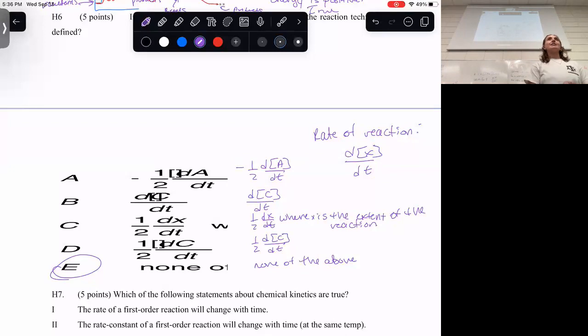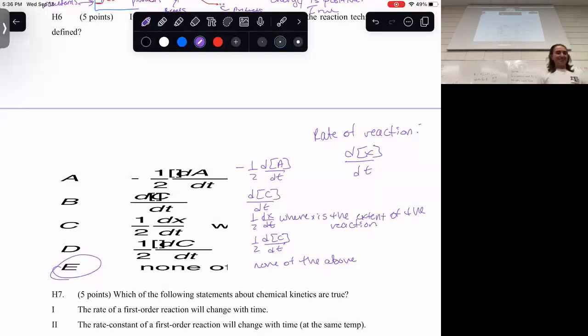The word technically here is what's going to throw you to answer choice E, because it's technically defined as the dx over dt. It's approximate enough to be 1/2 dA over dt where we can use it, but it's technically defined as dx over dt. Yes, base definition is rate of reaction is dx over dt.